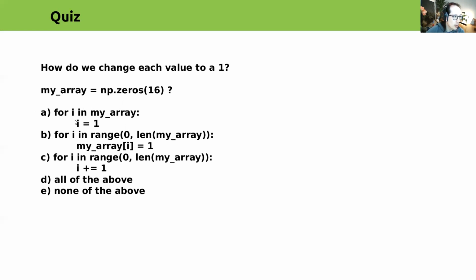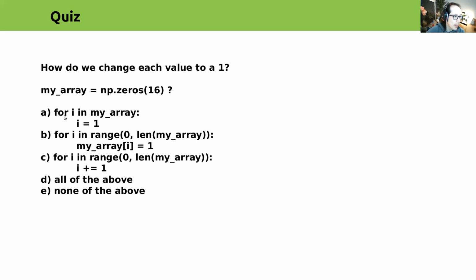And this operation down here will be changing the iterator into a 1 for just that round. And then it will go back, and I would change back into the next element, like another 0. And then we would say I equals 1 again. But actually, this I is not directly connected to the data here, right?